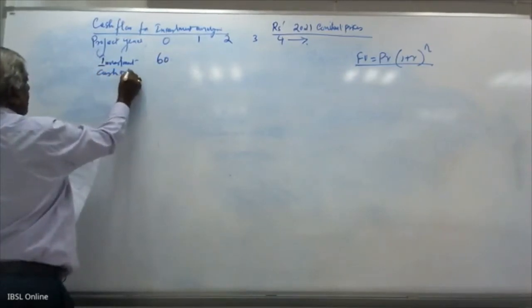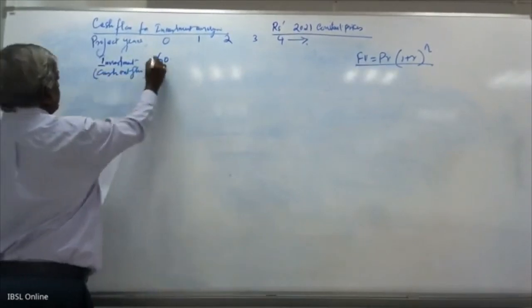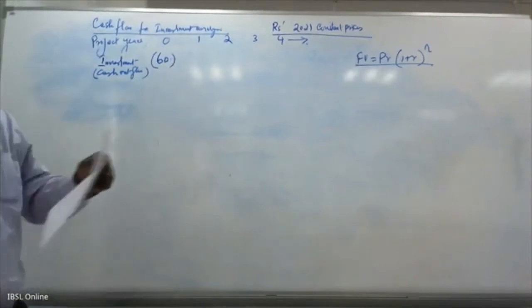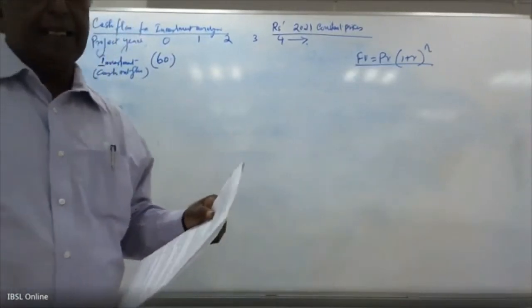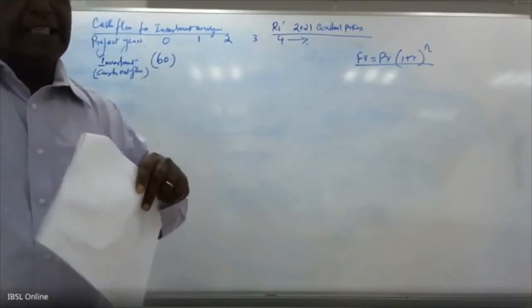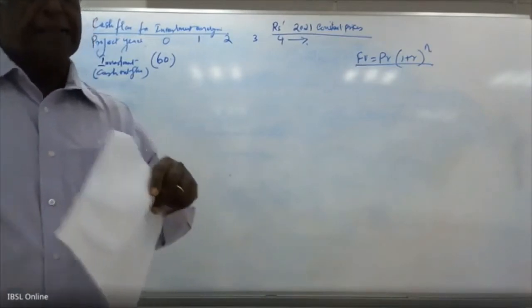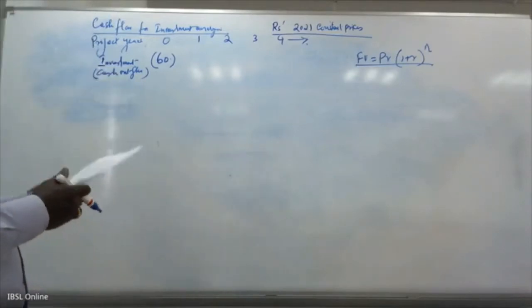We put it in brackets, as negative. Cash is going out. So cash outflows we take as minus, negative, because they are going out. Cash inflows are coming in, those are positive values. Cash outflows are negative values. 60.